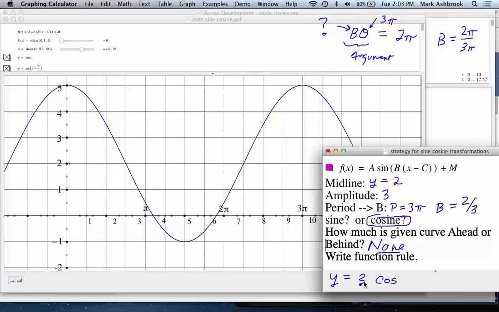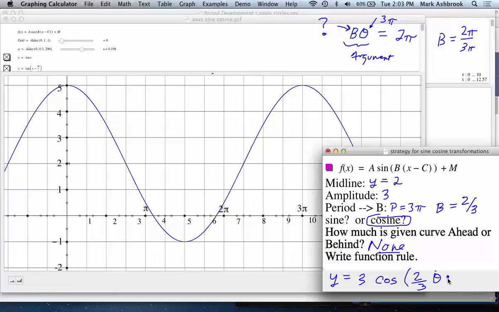He wants 3. What do you think? Yeah, remember, cosine would go between what and what? -1 and 1, radius lengths above and below the midline, right? But this goes with 3, so think of it as like 3 feet or 3 miles, right? Okay? And the cosine of 2/3 times 2/3 theta.